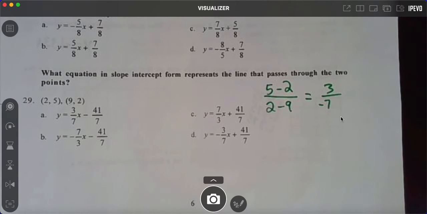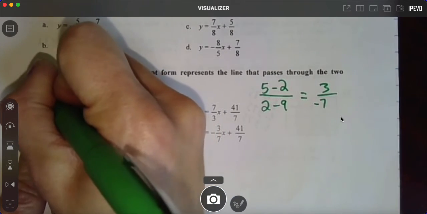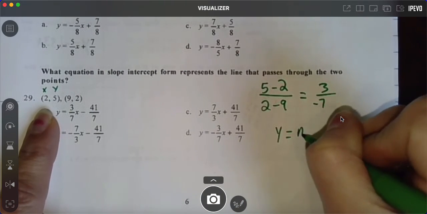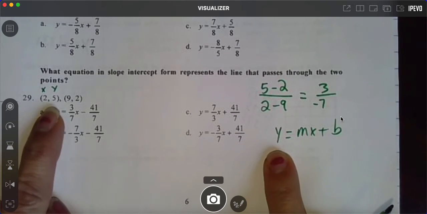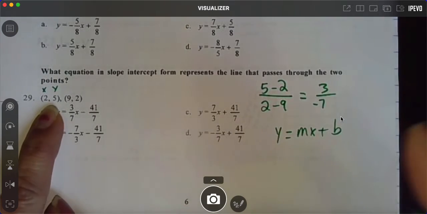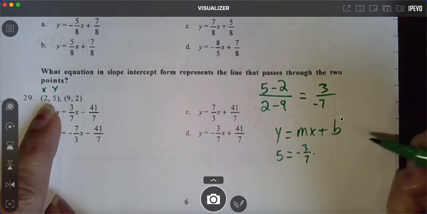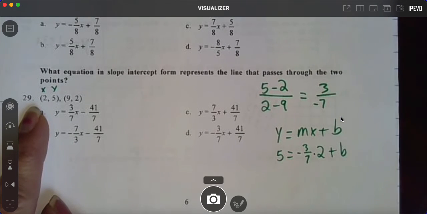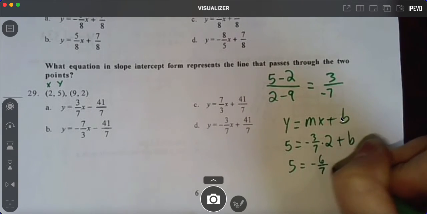Do they give me some numbers? They don't give me my y-intercept, but they do give me x's and y's. So I'm just going to go with the 2 and the 5. That's an x, that's a y. And guess what? This is my equation, y = mx + b. So my y is 5, my slope is -3/7, and my x is 2. Well, what's -3/7 times 2? -6/7.